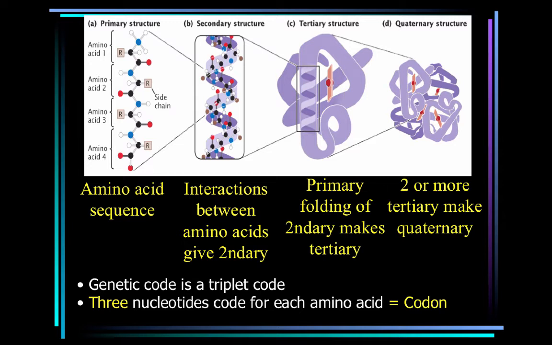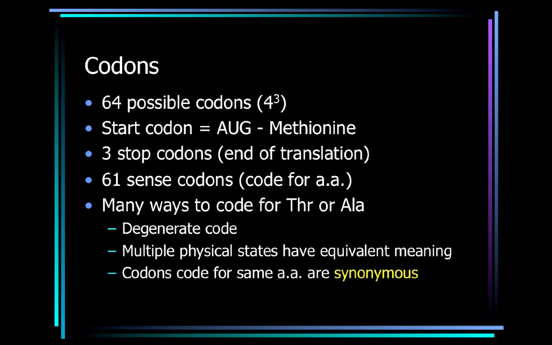And the amino acid that is going to be created from each DNA strand is coded for by a triplet code, which we call a codon. So 3 nucleotides for each amino acid is a codon. Codons are, in the whole scheme of things, actually pretty limited. There's only 64 of them.